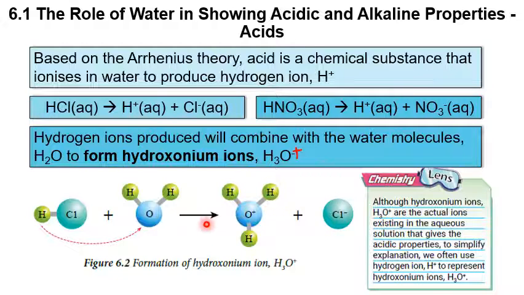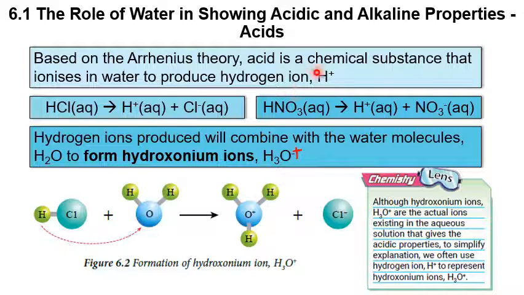From H2O, the H+ combines here. Look at the notes here. Although hydronium ions H3O+ are the actual ions existing in the aqueous solution that give the acidic properties, to simplify explanation, we often use hydrogen ion to represent hydronium ions H3O+.